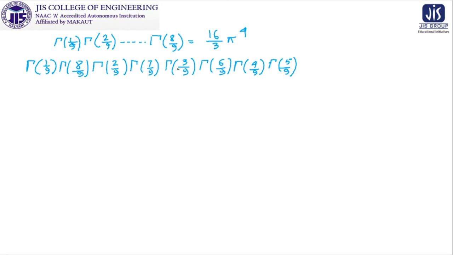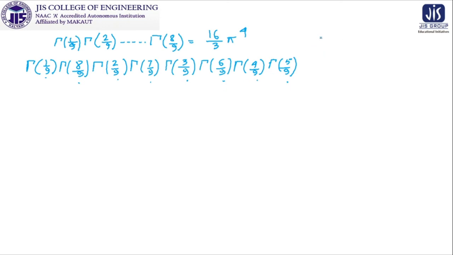First of all, we have to check that all are coming in or not. 1, 2, 3, 4, 5, 6, 7, 8. So everyone is present.